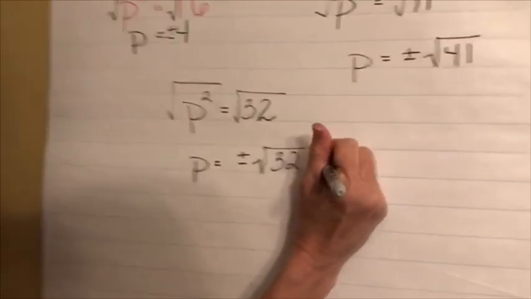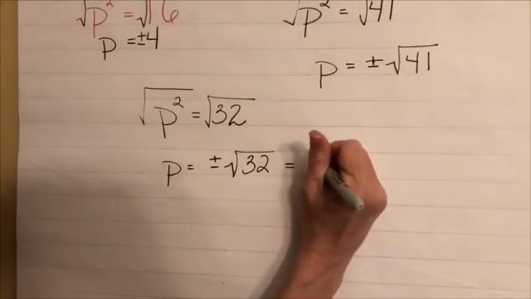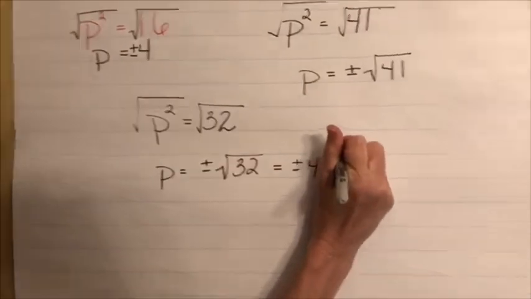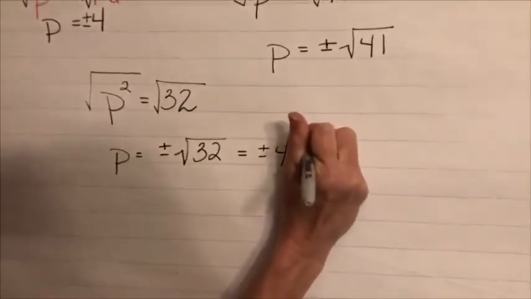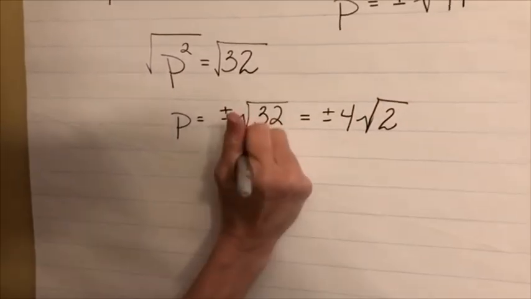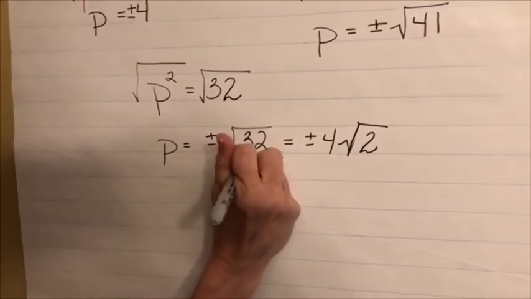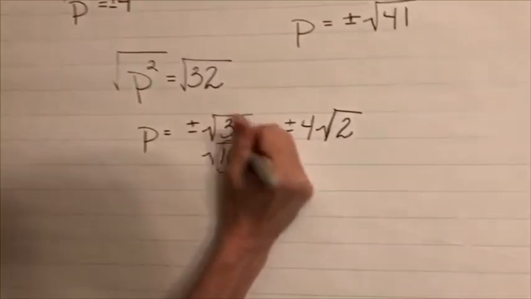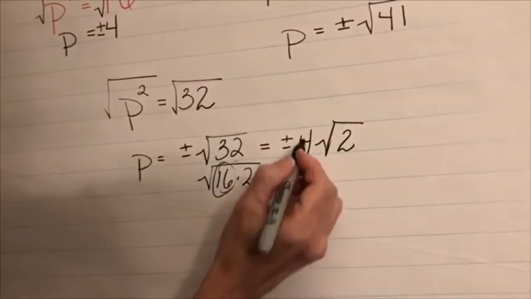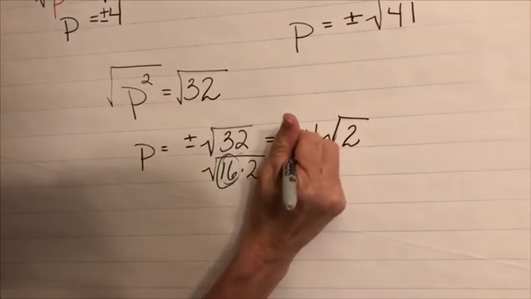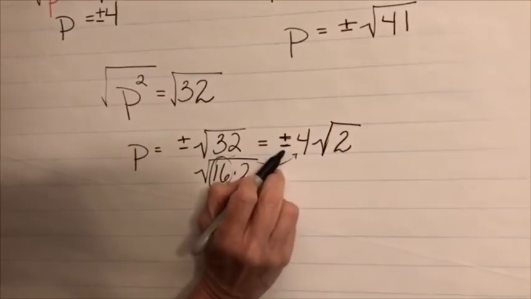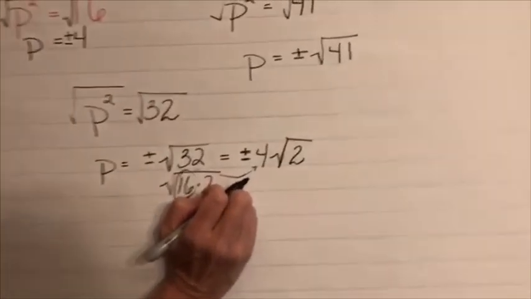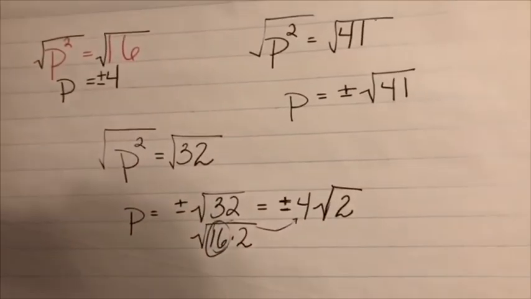So we could simplify that further and say it equals plus or minus 4 times the square root of 2, which is something that we have done before because we recognize that 32 is 16 times 2. And we can take that 16 out as a 4. So we would just put the plus or minus symbol in front of that, okay? Meaning that it equals positive 4 root 2, but it also equals negative 4 root 2. And finish those practice problems.